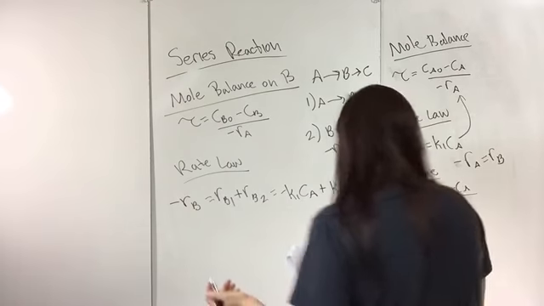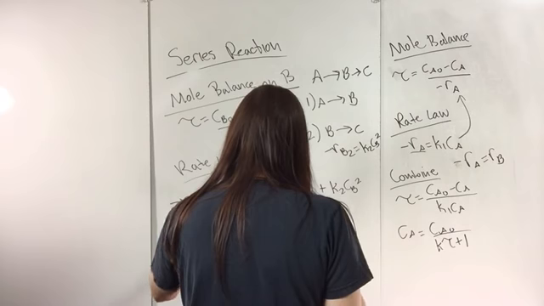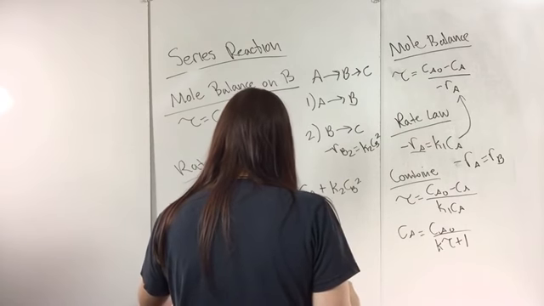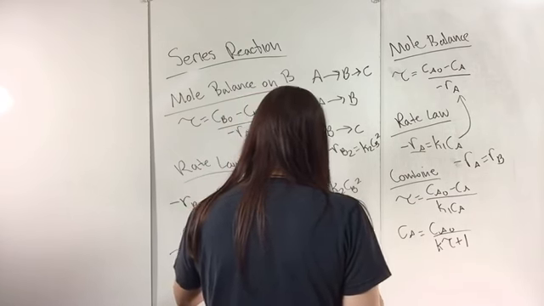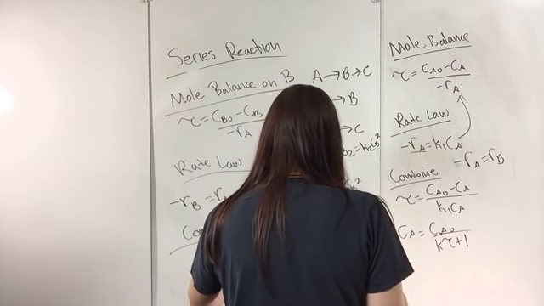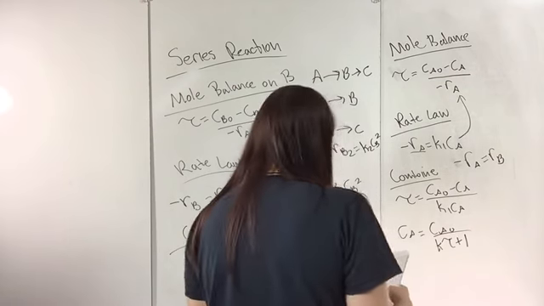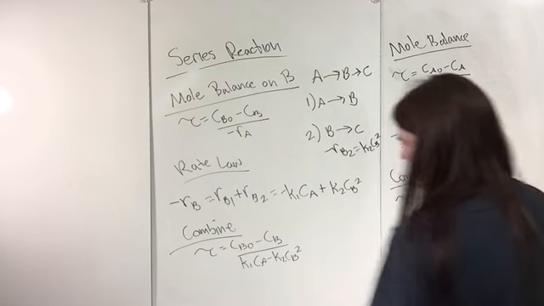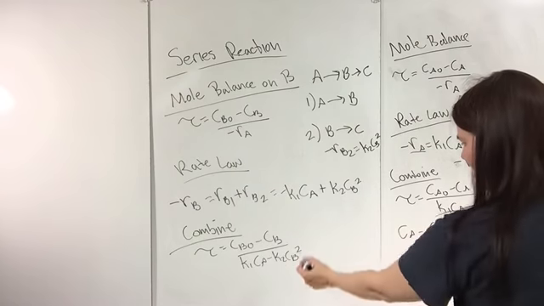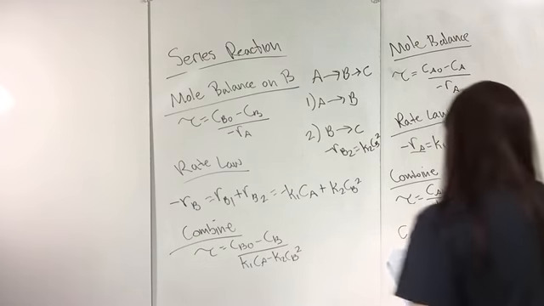So then you just combine this and solve for CB. So combine, and then tau is equal to CB naught minus CB over K1 CA minus K2 CB squared. And I didn't actually physically solve this for CB. I just plugged everything in and solved for CB on my calculator.